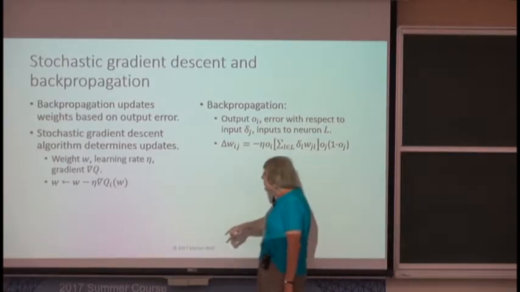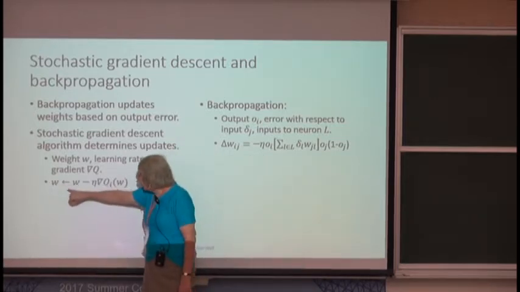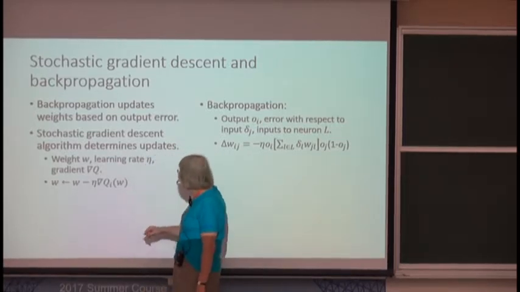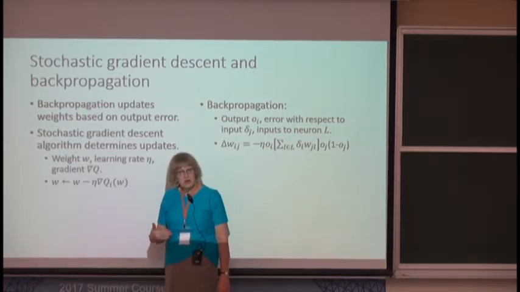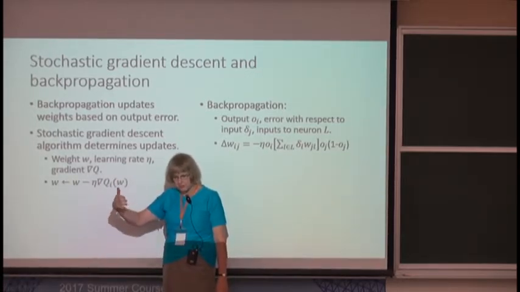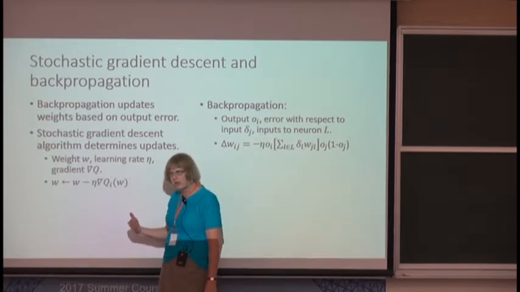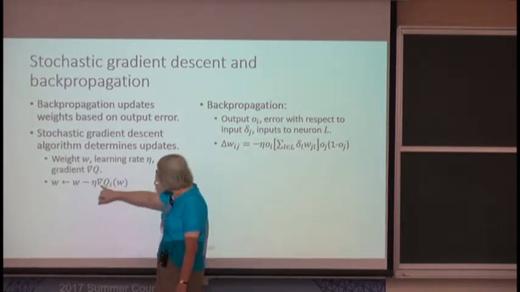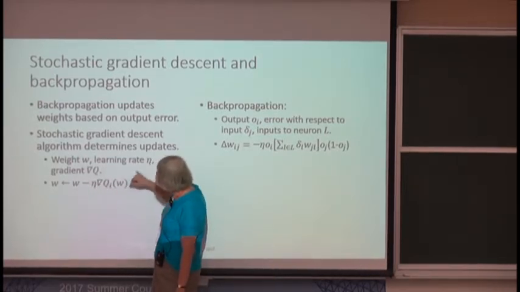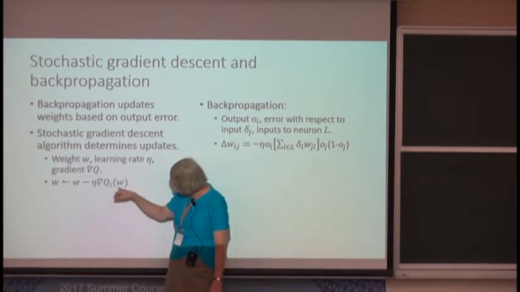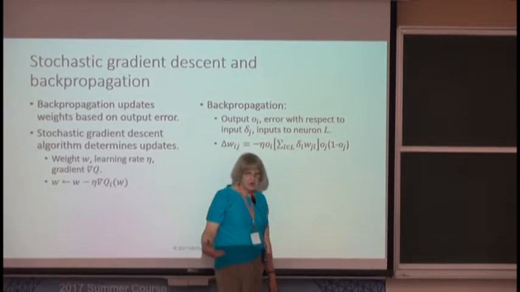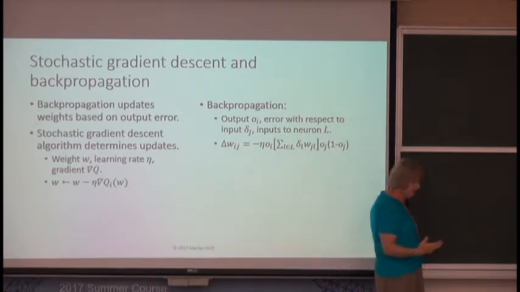So we're going to update the weight based upon the current weight, based upon some gradient between where the weight is now and where we think it should be, and we're going to have a coefficient there, which we call the learning rate, that determines how much we change our weight for a given gradient.